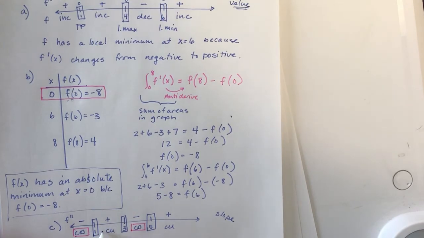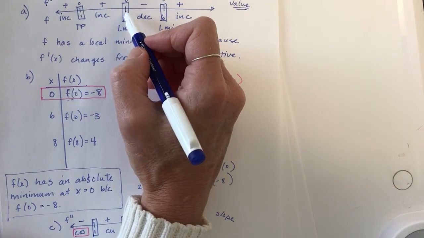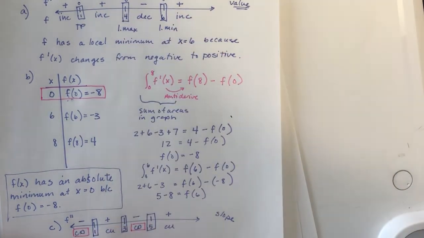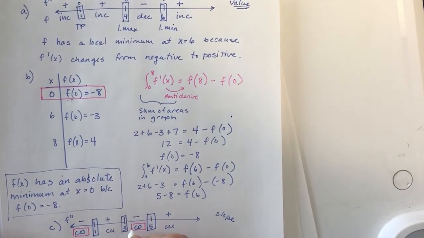Then it goes to concave up until we get to 3. And then we're concave down again. And we're increasing from 3 to 4 still. So that's going to be from 3 to 4. We're increasing and concave down.